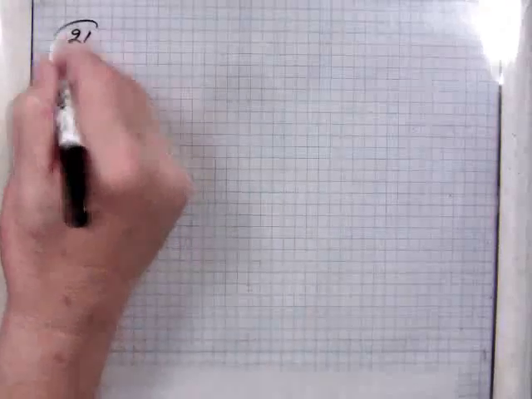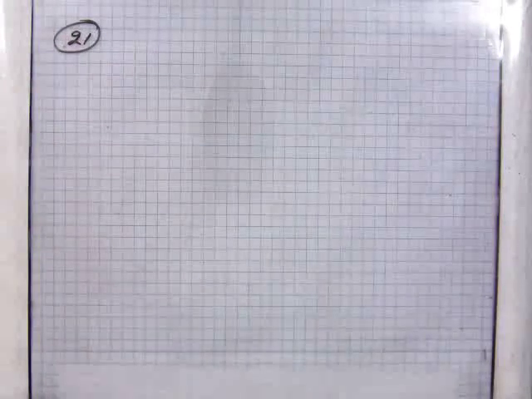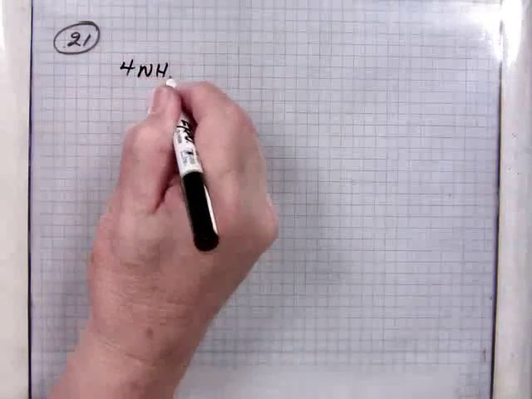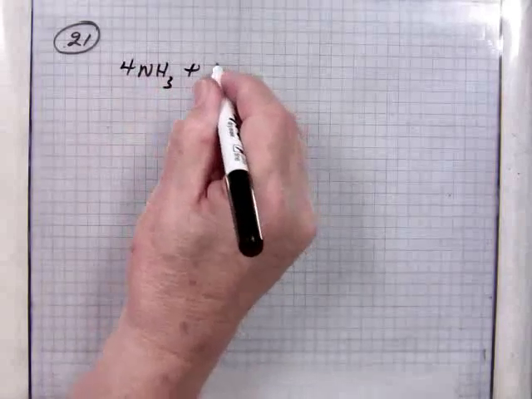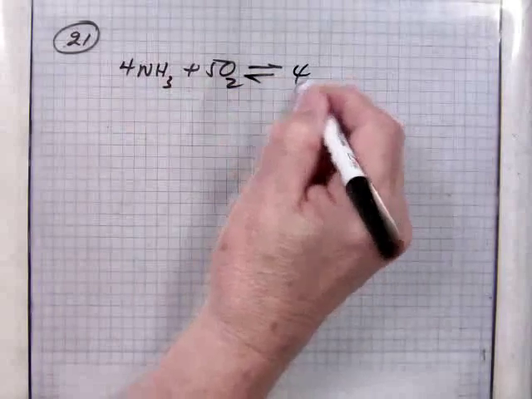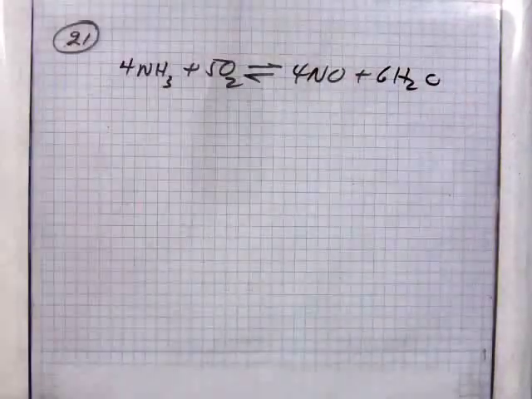Let's look at number 21 in here. The Ostwald process converts ammonia to nitric oxide by reaction with oxygen in the presence of a catalyst at high temperatures. We've got 4NH3 plus oxygen goes to 4NO plus 6H2O.